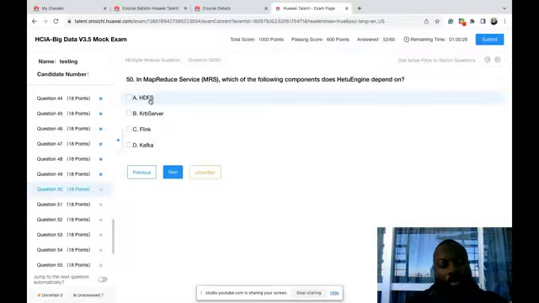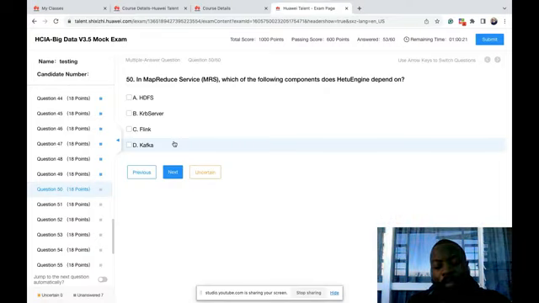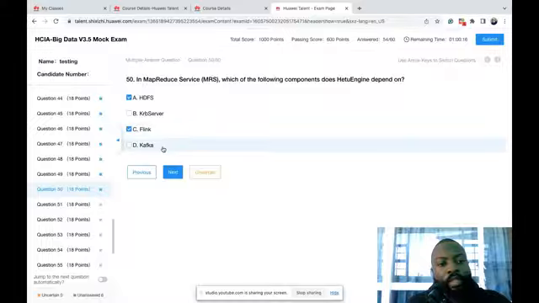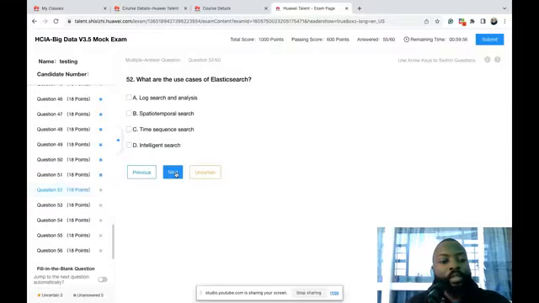Okay, it depends on the data store, HDFS, Flink. Which are the advantages of Huawei Big Data Services? Support enterprise-class application, and security. What are the use cases of Elasticsearch?